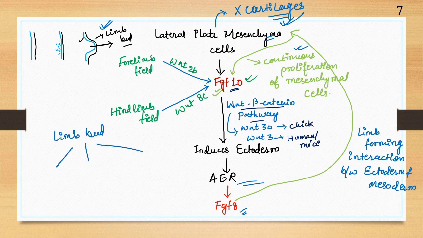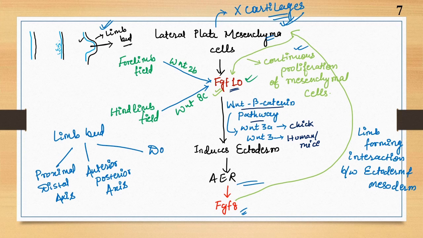So for the continuous formation of limb, it will grow in three different axes or three different planes, which are proximal distal axis, anterior posterior axis, and dorsal ventral axis. So this is the overview of how limb bud is formed.